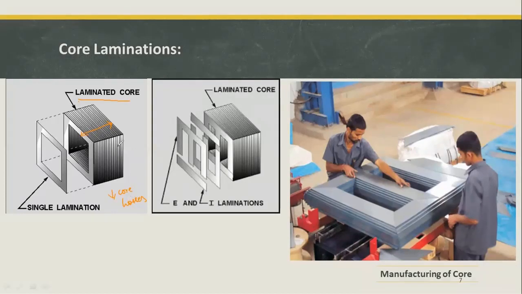And if we go for a laminated core, the losses in the core of the transformer will reduce. Here we can see different shapes of laminations are used, E and I shape. And here some of the manufacturing of the core is taking place where they have used thin laminations. You can see thin laminations are used and then stamped together to form this entire core.